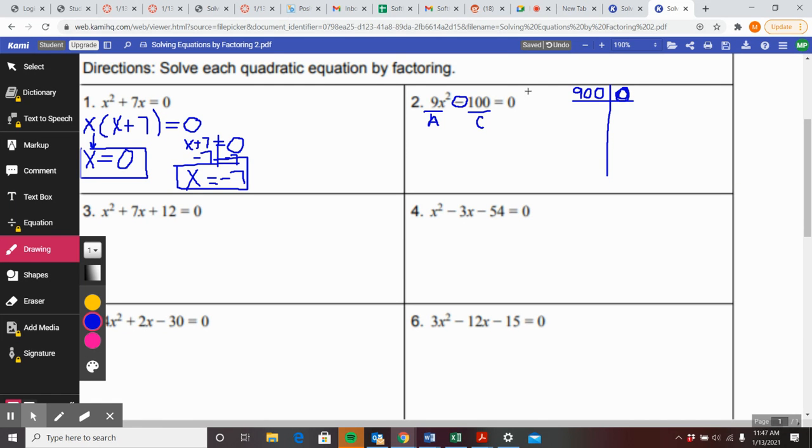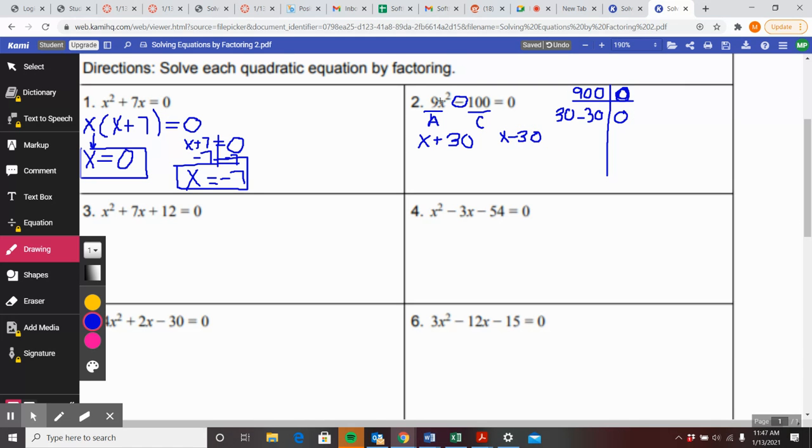That's the same number. 30 times 30. So if I do 30 minus 30, what does that give me? 0. So because we're missing the b, it's okay. You're going to do the same thing that we've been doing. So x plus 30 and x minus 30.